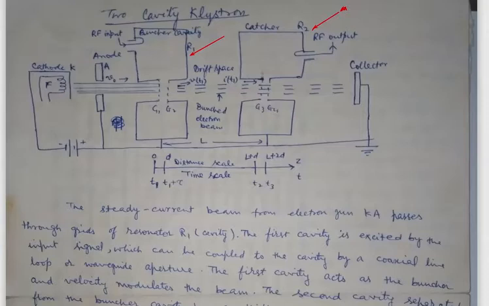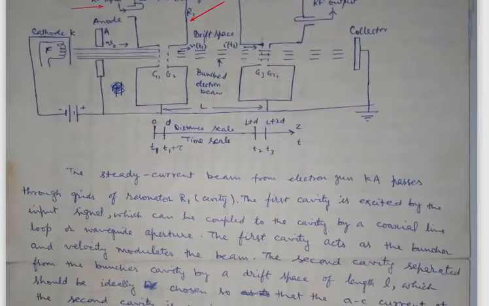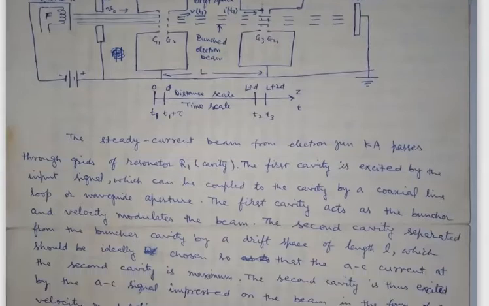This first cavity is excited by the input signal, which can be coupled to the cavity by a coaxial line, loop or waveguide aperture, which is shown by the RF input here in the figure. The first cavity acts as the buncher cavity and velocity modulates the beam.